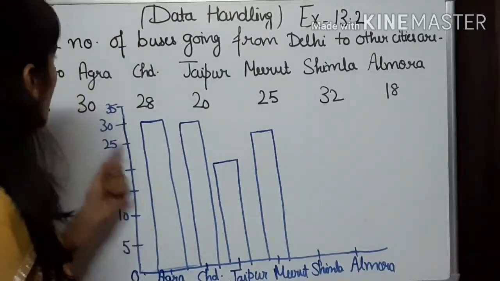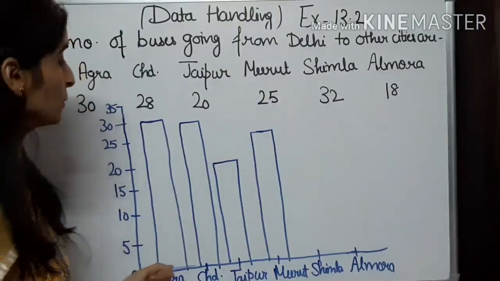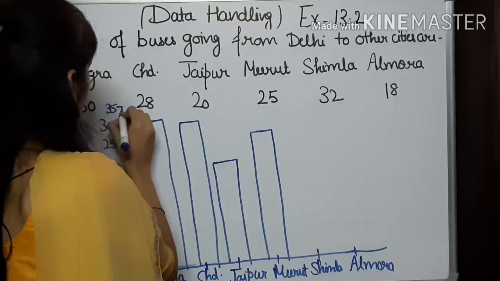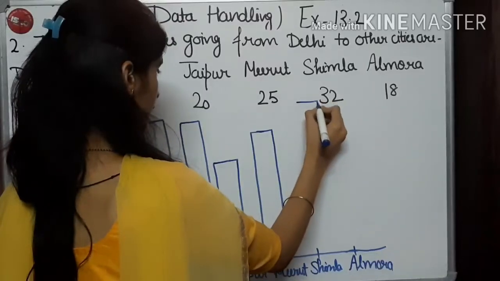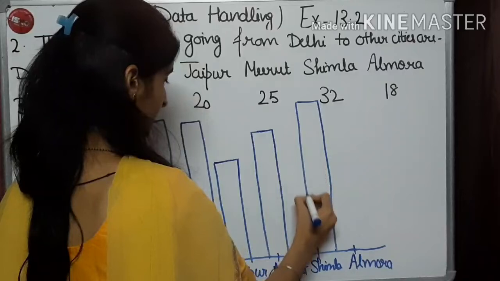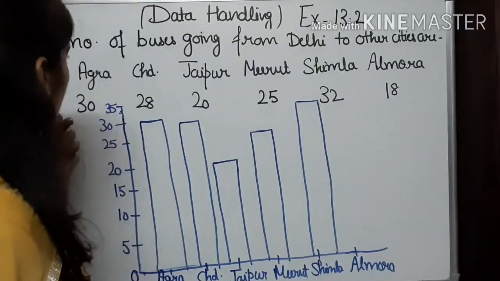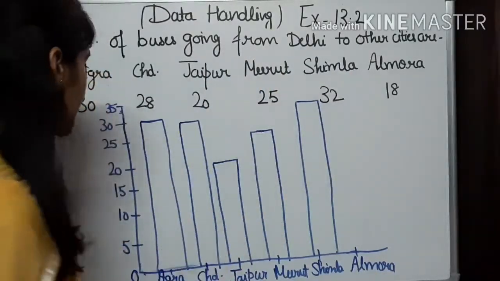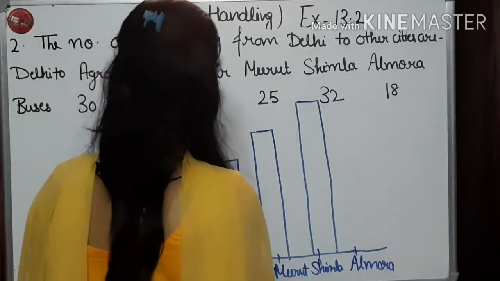Okay. After that, from Delhi to Shimla there are 32 buses. So 32 will be nearby 35. Right? Then from Delhi to Almora we have 18 buses. So 18 will be nearby 20.